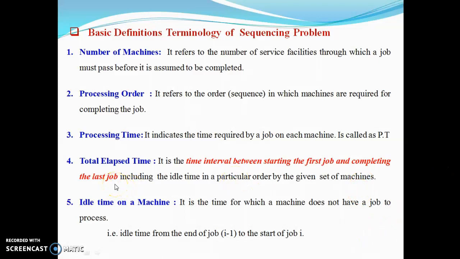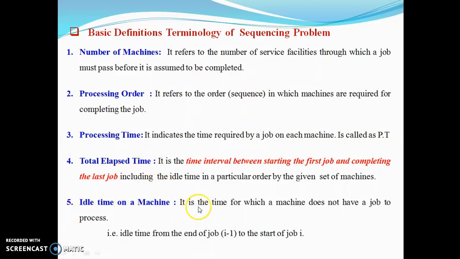Okay. So now the next definition, the idle time on a machine. The idle time on a machine is the time for which a machine remains idle during the total elapsed time.